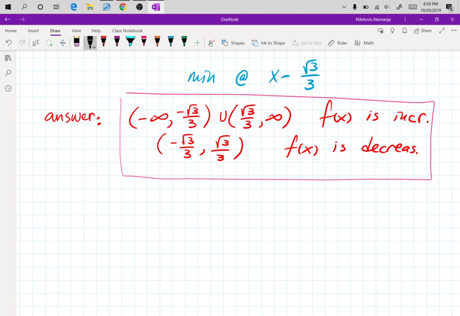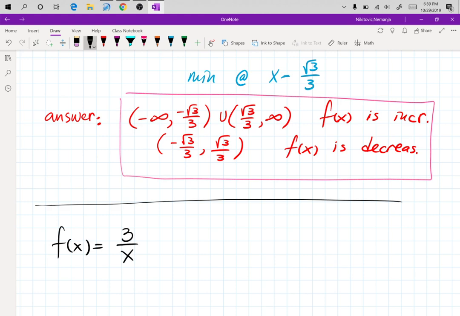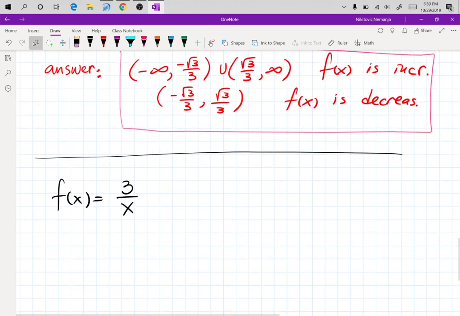Another example: f of x equals 3 over x. You know the drill.